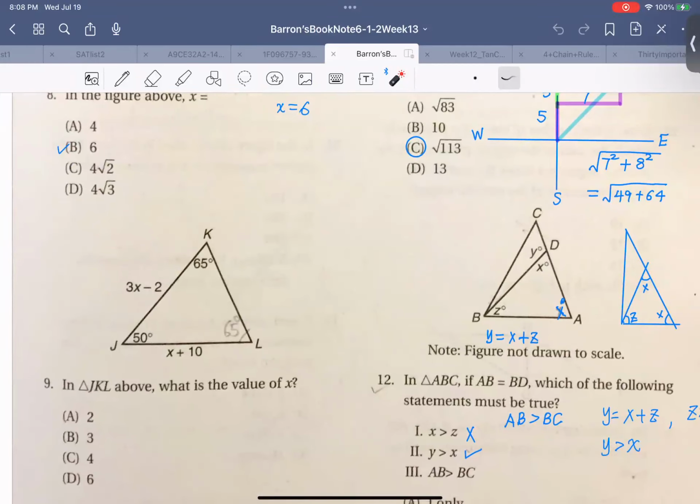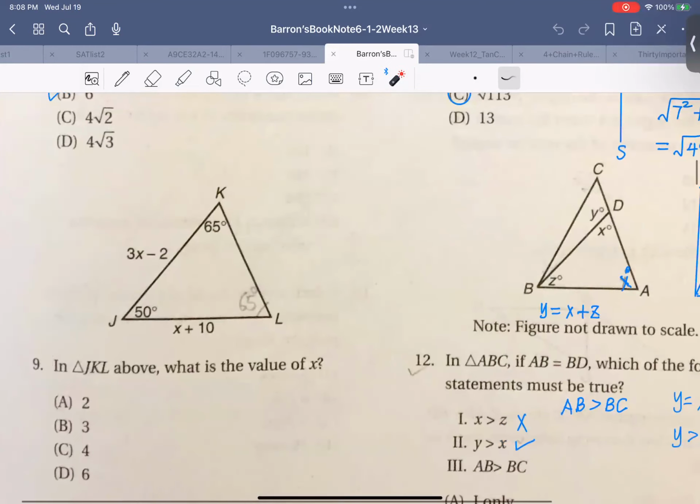Good. Now let's see number 9. Number 9, Angela. Look at this. They have 3x minus 2 here, x plus 10 here. They ask you for the x value. What do you think? How do you get the x value?